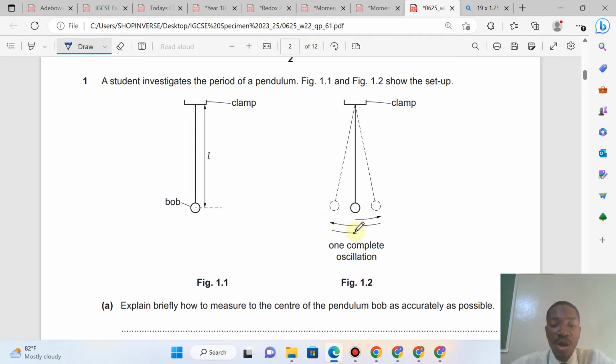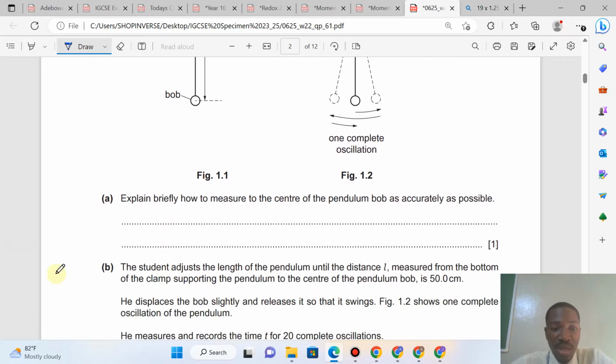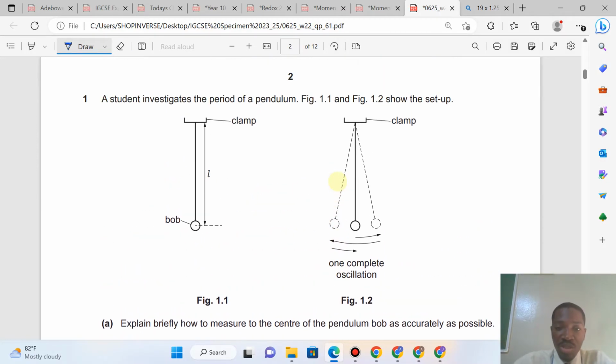This is one oscillation. Now, the question: explain briefly how to measure the length to the center of the pendulum bob as accurately as possible. So you want to measure the length, that's this measurement taken here, and get to the very center, the middle of the pendulum bob.